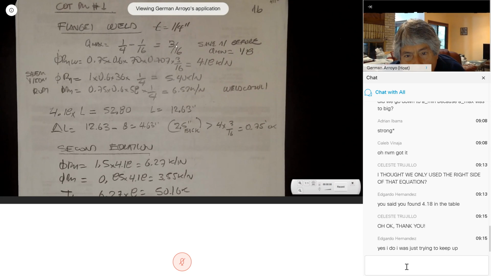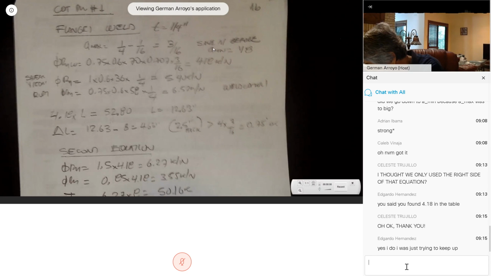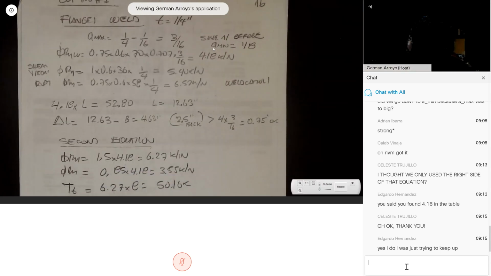I found the minimum, 1/8. So I decided to use the 3/16. And now I did compute it, and here I didn't use the table. 0.75 times 0.6 times 70, 3/16, 4.18 kip. The same number that I had before.